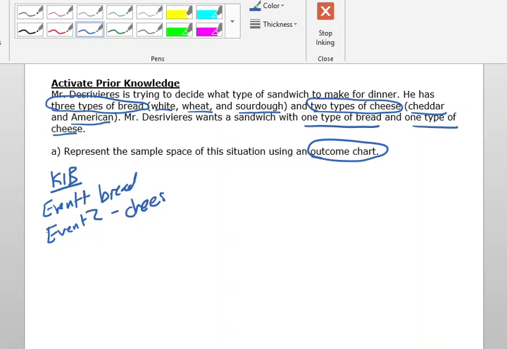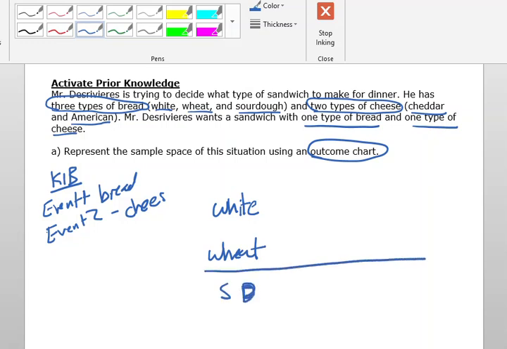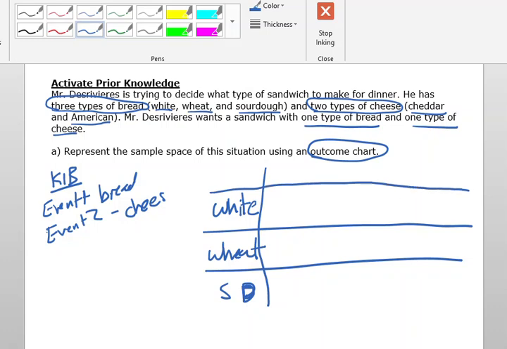So I will do my bread: white, wheat, and sourdough. Okay, and my cheese choices are going to be cheddar and American.